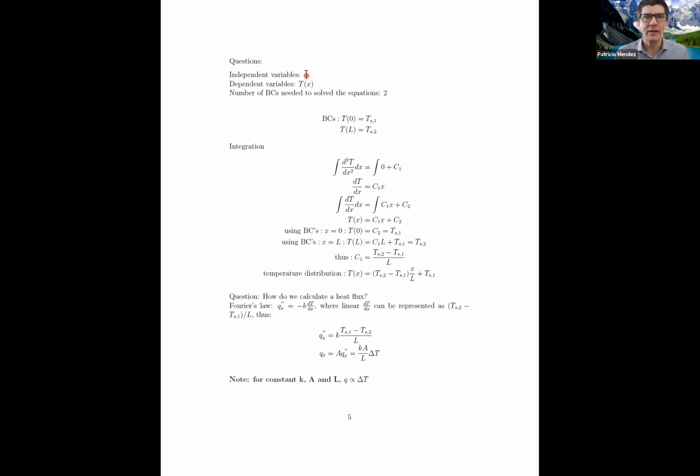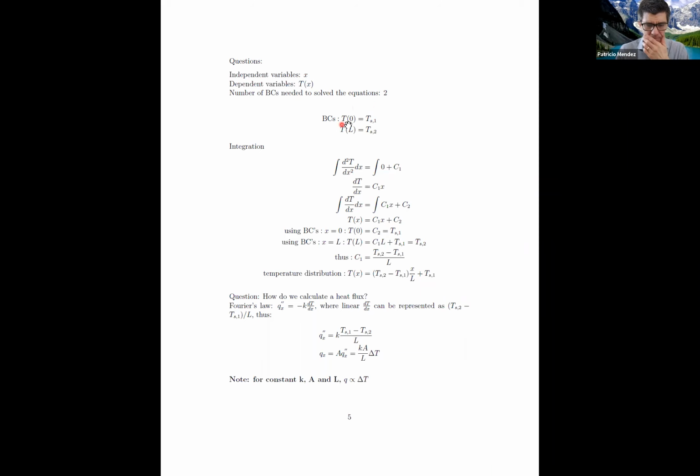There's no Y and no Z because Y and Z are the coordinates inside the plane of the wall, and the heat transfer goes across the wall, not sideways in the wall. And because it's second order, we need two boundary conditions. Typically you choose the temperature on one side of the wall and the temperature on the other side.